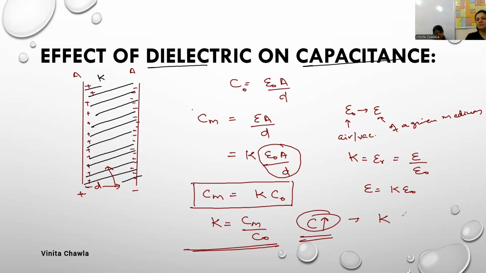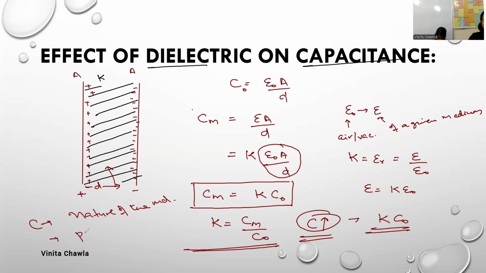It becomes K times. From this, we can conclude that capacitance of a capacitor depends upon the nature of the medium, and also it depends upon the position of the neighboring charges.